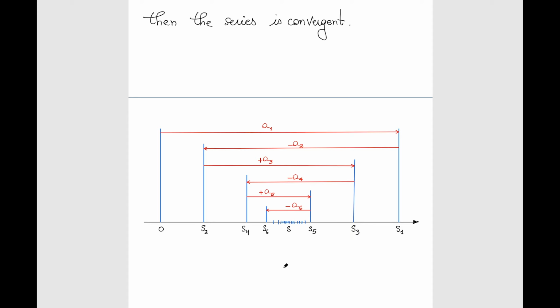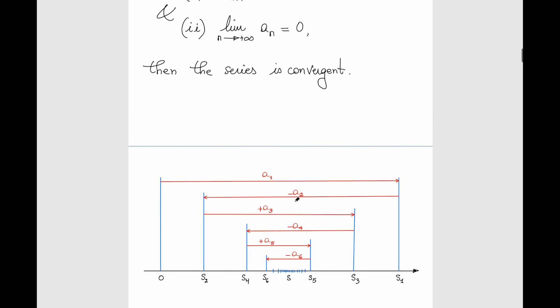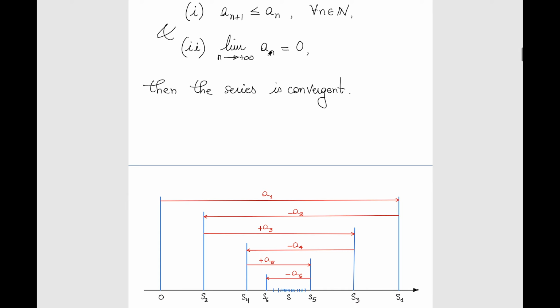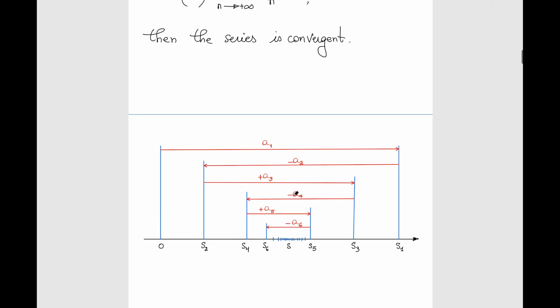If you continue in this manner, but keep in mind what happens to the Ai's. The Ai's are going to shrink, right? The Ai's are going to 0. So the successive steps are going to become smaller and smaller. Again, I'm trying to illustrate. We're going to talk about the details of the proof very shortly, but we're going to go back and forth, with the successive steps becoming smaller and smaller.